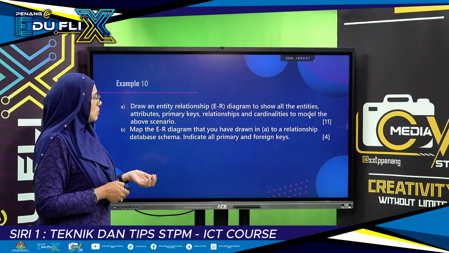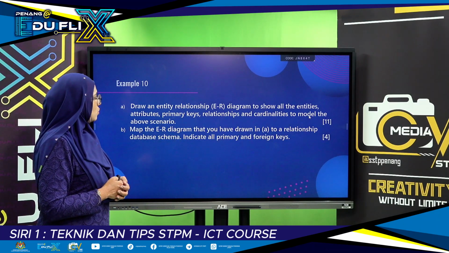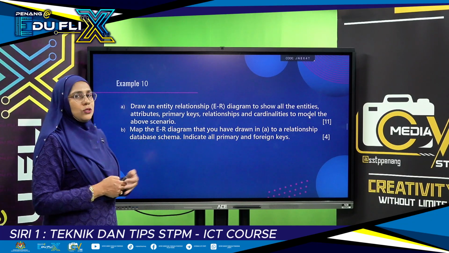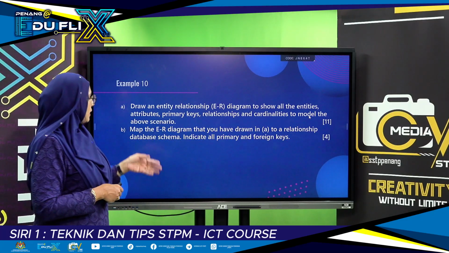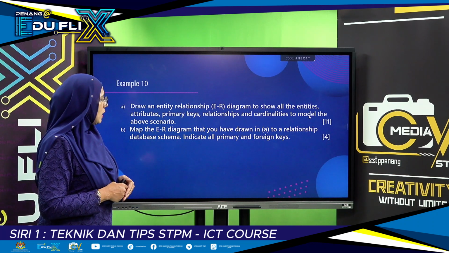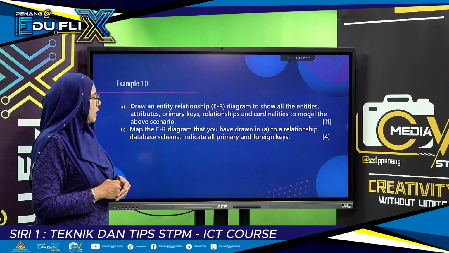The question asks you to draw ER diagram to show all the entities, attribute, primary keys, relationship, cardinality to model the scenario above. This kind of question is given in section B, 15 marks. Then you map the ER diagram you have drawn in A to the relational database schema, indicating all the primary key and foreign key for marks.